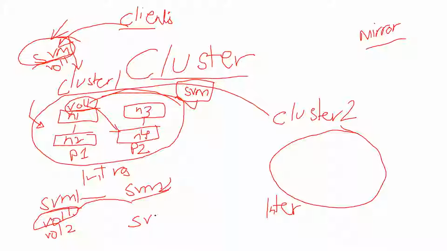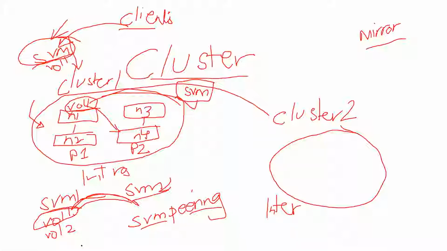But before you do mirroring, you will have to do what we call SVM peering. What SVM peering means is that you will have to establish a one-to-one relationship, or create a connection between the two SVMs. Think about it as a logical connection. And once you do this, you can choose which volume from SVM1 you want to replicate to SVM2.